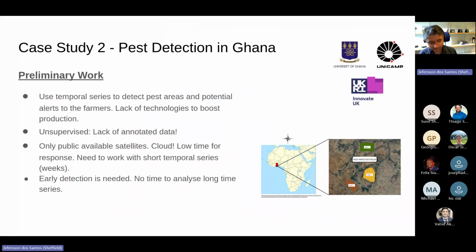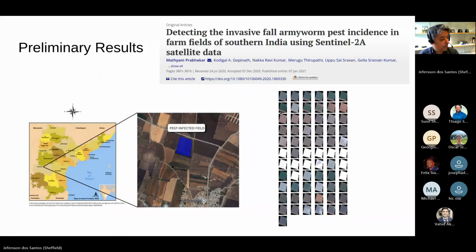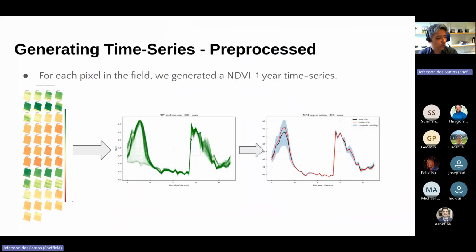Otherwise, if you take a long time series to detect the pest infection, the impact will be so high that you cannot do anything to save the plants. So we've tested some ideas analyzing NDVI time series, and the lack of data was a great barrier for this project. But we have obtained very interesting aspects.